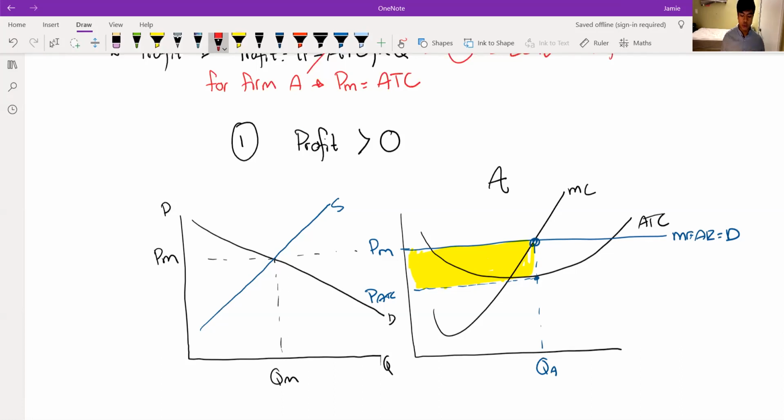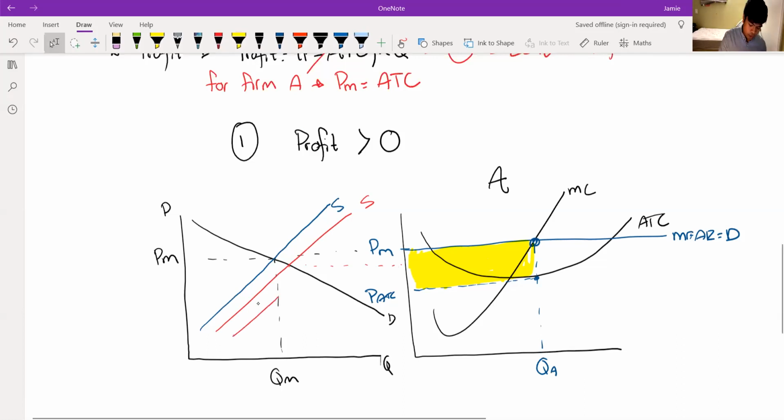It doesn't shift to where profit is equal to zero. So firms are going to slowly enter the market, right? So they'll increase the supply, which results in a new lower equilibrium or market price, right? So it's effectively eroding firm A's profit levels.